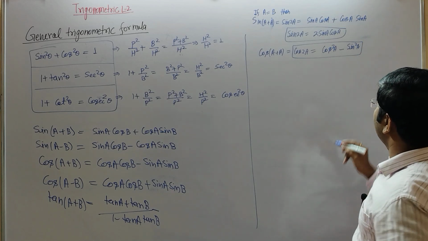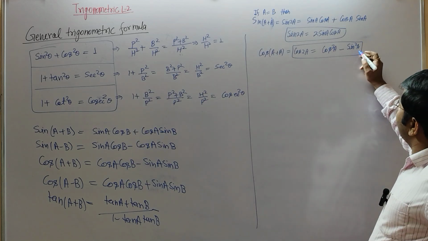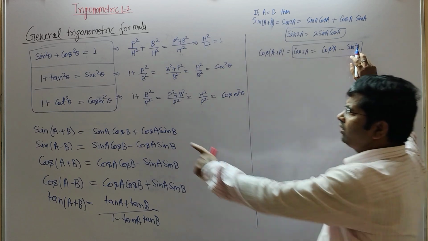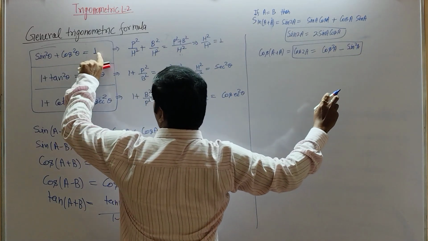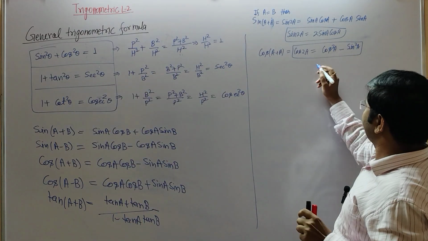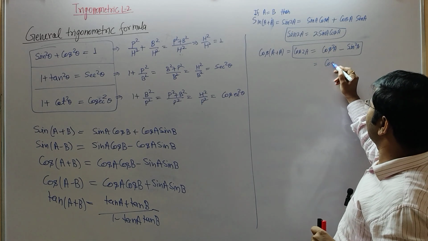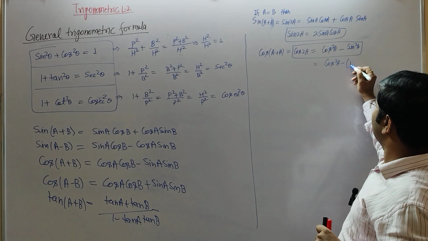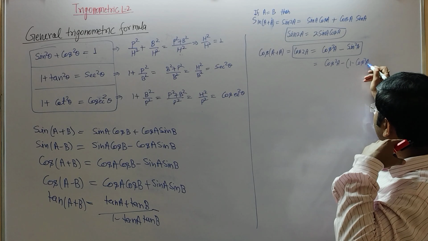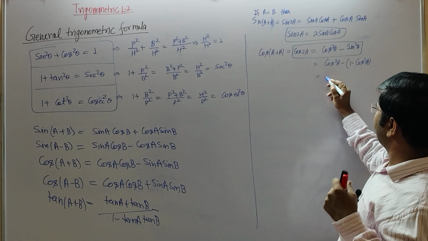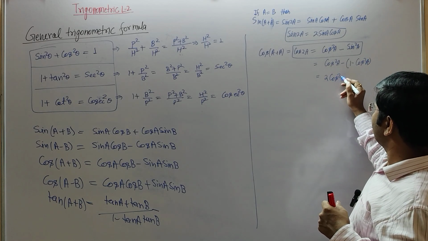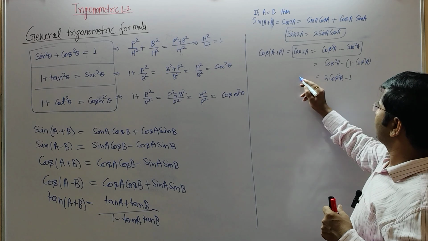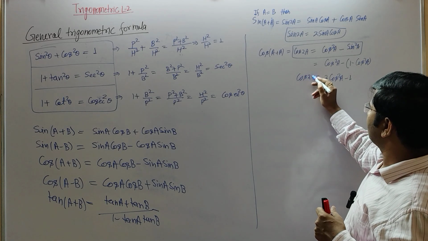Further, we know that sin square theta equals 1 minus cos square theta. If I replace sin square A with 1 minus cos square A, then minus minus becomes positive, and it converts to cos square A minus 1 plus cos square A, so cos 2A equals 2 cos square A minus 1.